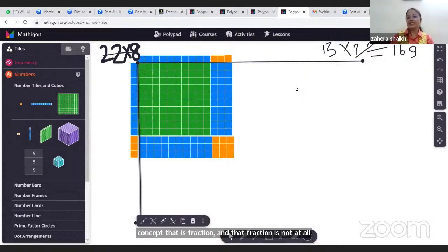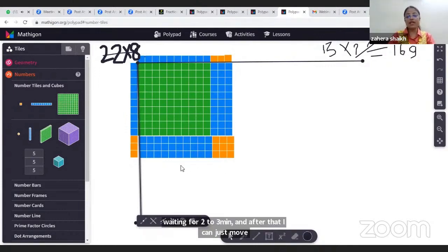They have already learned it in their previous classes in another form, and it is related to the whole number. And when they learn decimals or percentages, they are going to use the knowledge and understanding from this fraction concept only. So any question? I'm waiting for 2 to 3 minutes, and after that I will move to the fraction tile manipulative.